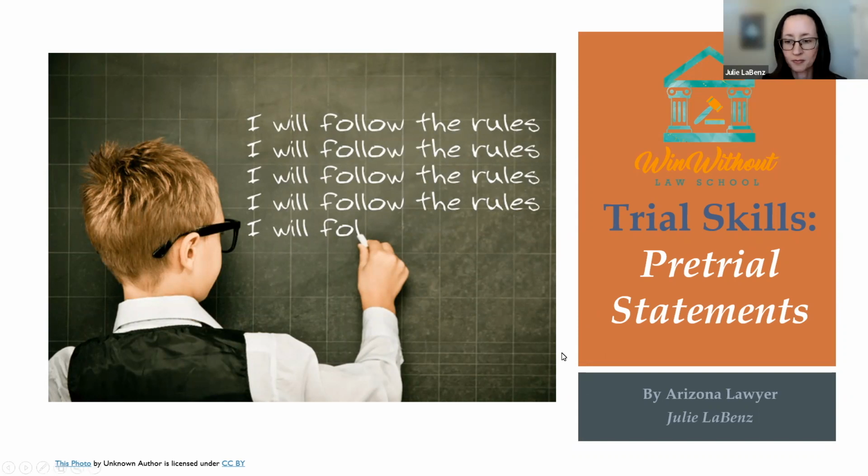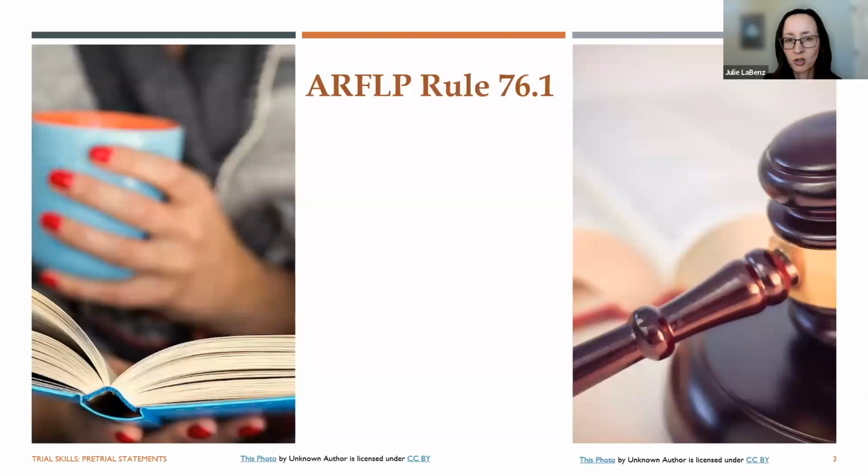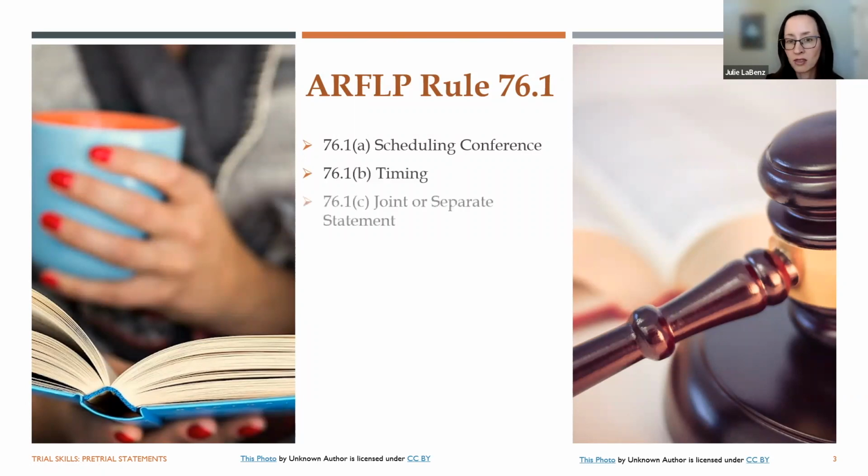Okay. So you'll find the rule governing pretrial statements is Rule 76.1. So we're going to go through each part of this rule. Subsection A talks about a scheduling conference. Subsection B is about when the pretrial statement gets filed. Subsection C talks about whether it's a joint or separate statement.